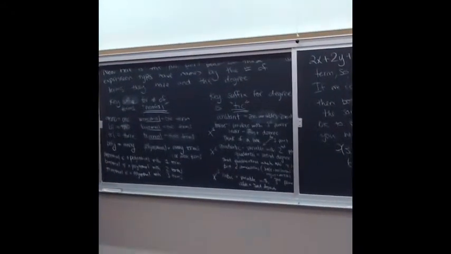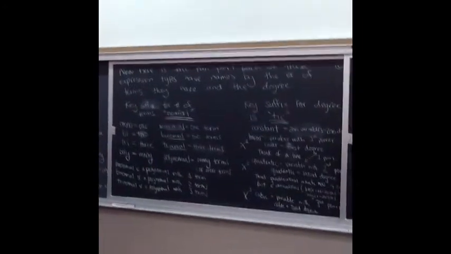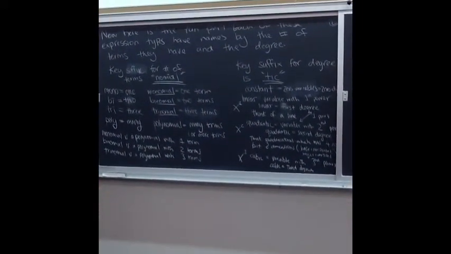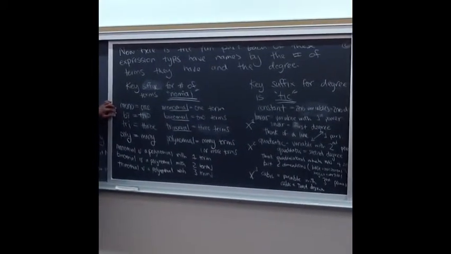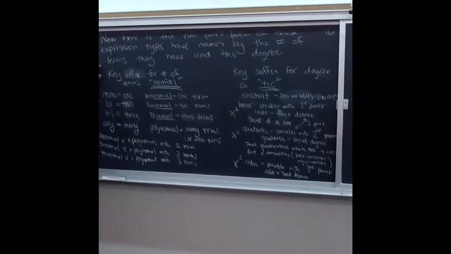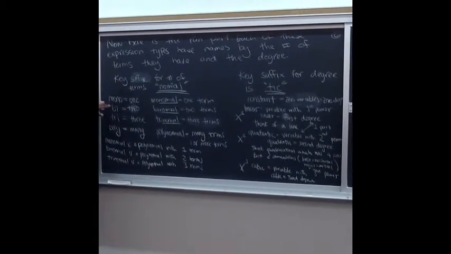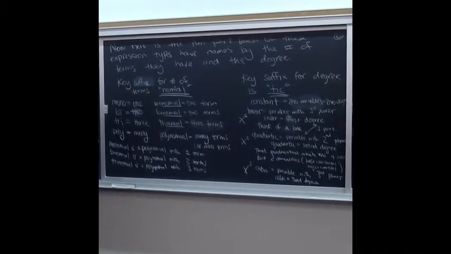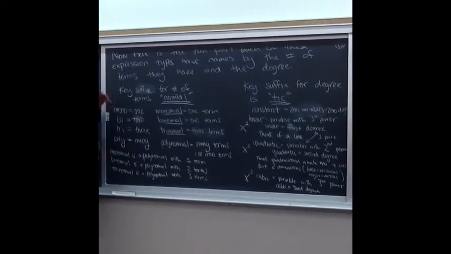Now, here comes the fun part. Each of these expressions can be named by the number of terms and the degree. So, when we're thinking about the number of terms, we want to keep this suffix in mind, the ending of the word, nomial. And so when someone asks you about the number of terms, you know you're saying something about a nomial.